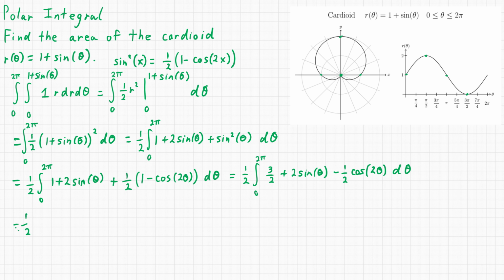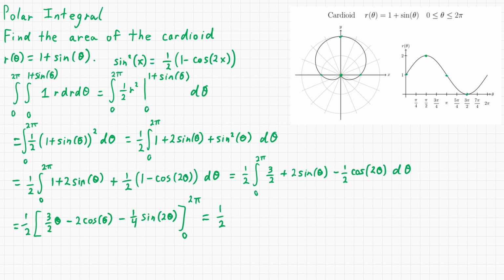So that's 1/2, and I'll need square brackets this time. It's going to be 3/2 theta, plus 2 sine, so that's actually going to be minus 2 cosine of theta. We have our minus 1/2 cosine 2 theta, so it's going to be minus 1/4 sine of 2 theta. And that's evaluated from 0 to 2 pi.